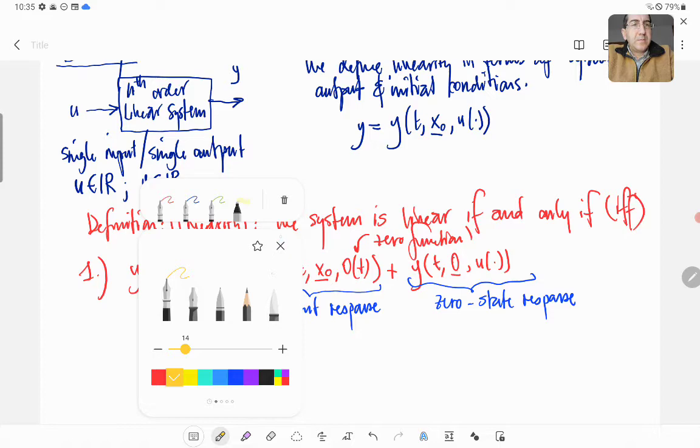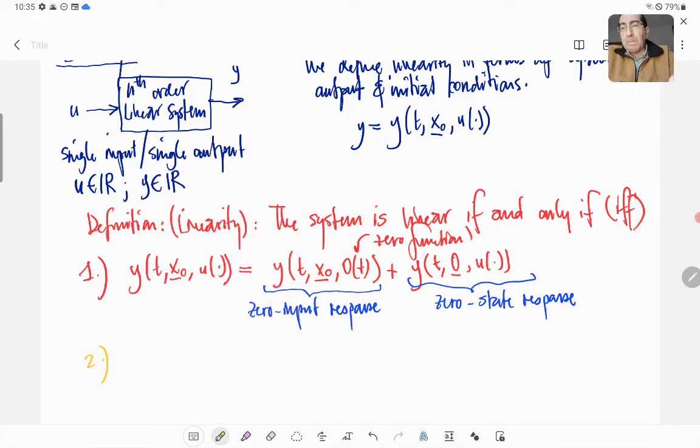Now let's consider a second property. If the input is a combination of a number of different signals, that means if you are trying to find the zero state response for a linear combination of different signals at the input, alpha times u1 of t plus beta times u2 of t, the response to that should be a combination of two responses, specifically for each one of those signals.